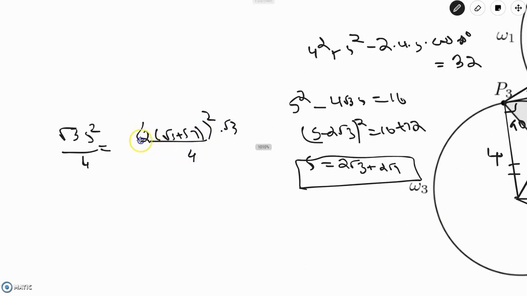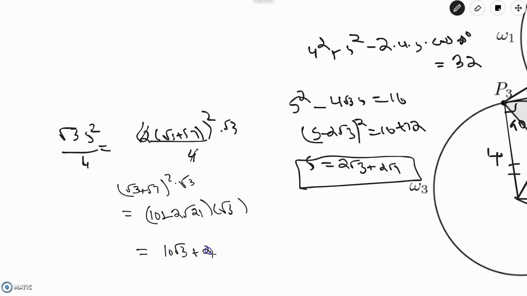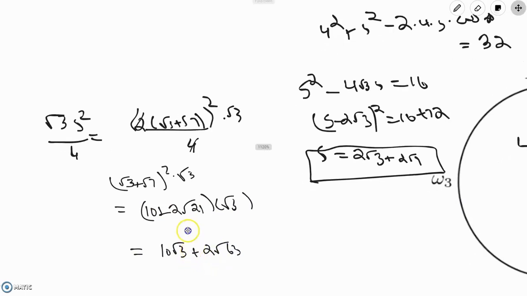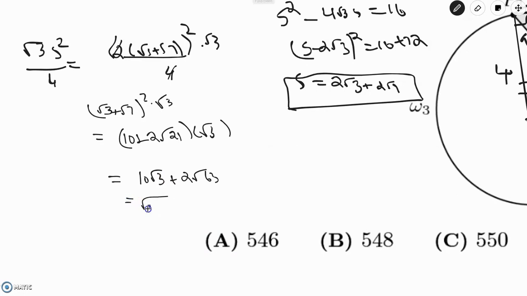The 2 over here will simplify with the 4, so we have the area is equal to root 3 plus root 7 squared times square root of 3, which is equal to 10 plus 2 root 21 times root 3, which is equal to 10 root 3 plus 2 root 63. And this is equal to square root of 300 plus the square root of 252. And that's equal to the area.